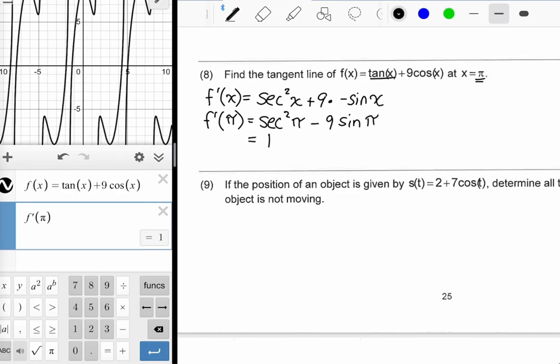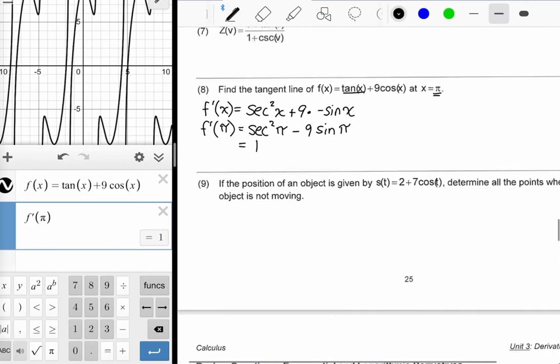But when you write the equation of the tangent line, it says write or find the tangent line, which implies write the equation. So y equals m times x minus x sub 1 plus y sub 1. So we have the m, we have the x sub 1, we just need the y sub 1.